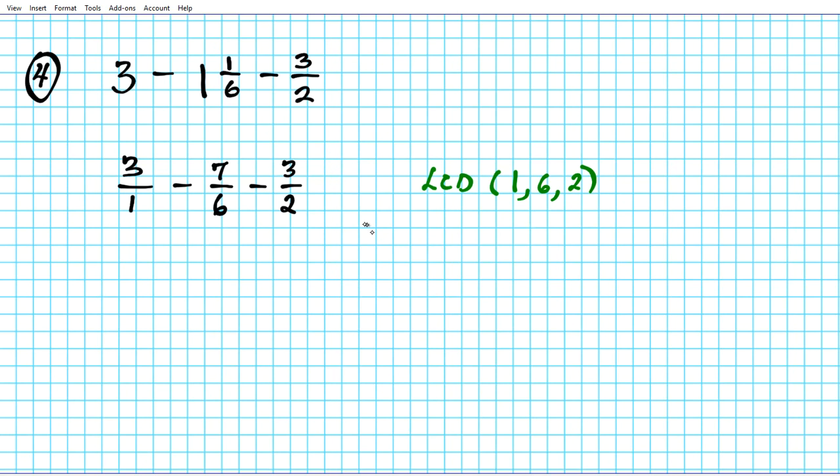The smallest number that all these three numbers can go into, the smallest number that all these three numbers can divide evenly, the lowest common denominator, is 6. Notice 2 goes into 6 and 1 goes into 6, so 6 is automatically the LCD since 6 goes into itself.